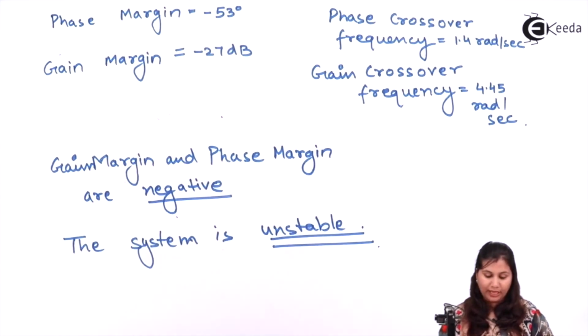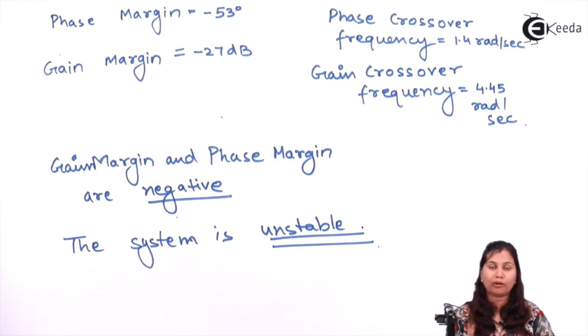So whenever we have such questions where we have to sketch the Bode plot, we just replace s by j omega, obtain the frequency response of the transfer function, then obtain the magnitude and the phase equations, and form the tables for the magnitude plot and the phase plot.